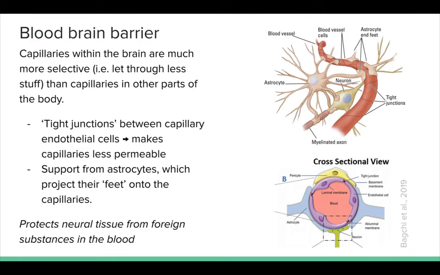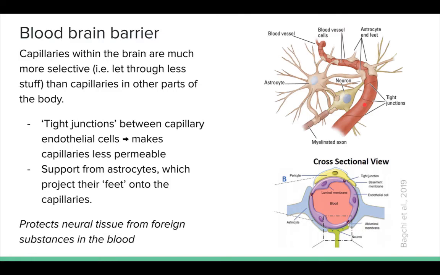What it describes is the fact that the capillaries within the brain, of course, capillaries are formed by these endothelial cells. And in normal capillaries in the rest of your body, these endothelial cells have a little bit of a gap between them. They're a little bit leaky, and this, of course, allows substances in your blood to get out and to supply your tissues.